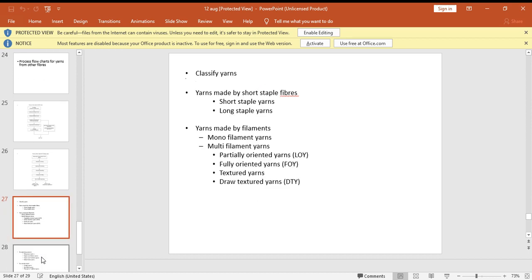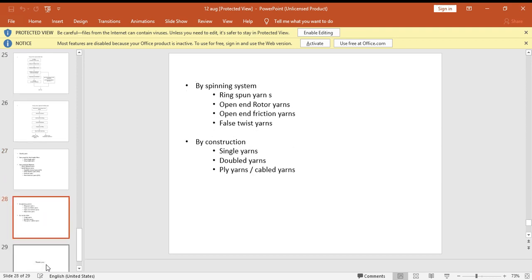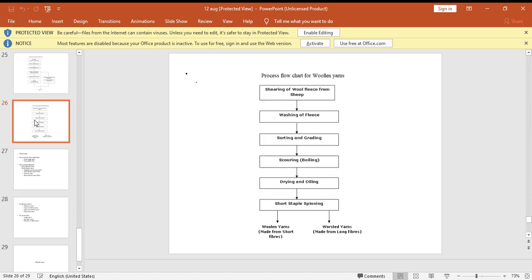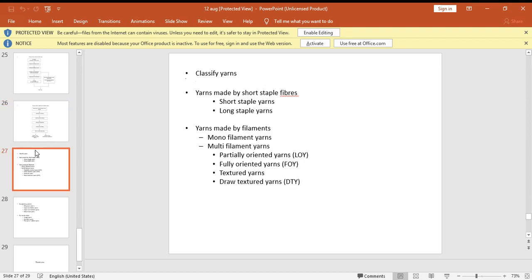Then the last objective is classification of yarns. Classification of yarns is divided into three: yarns made from short fibers, yarns made from filaments, and by spinning system and by construction. Yarns made from short staple fibers are short staple yarns and long staple yarns.